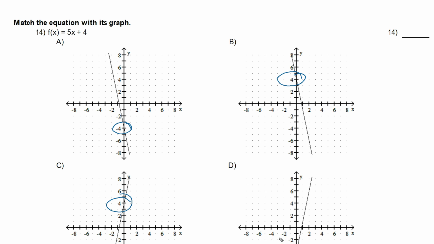So we have a positive 4 here and here. Now, what is our slope? It's 5/1. It's positive. This one's negative slope, and this one is positive slope. So over 1, up 5. This is our answer. That was by inspection.